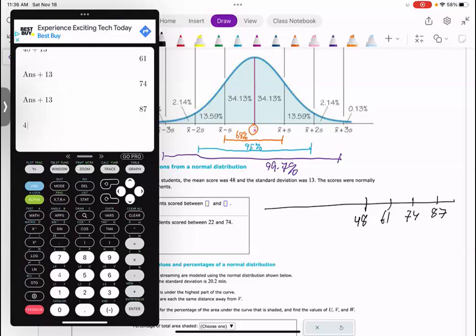Now I'm going to go 48 minus 13. To be clear, this is my mean. This is the middle. Minus 13. Minus 13.